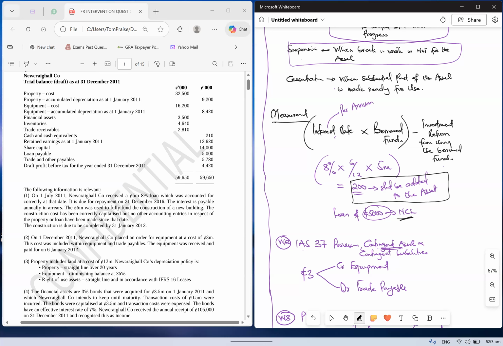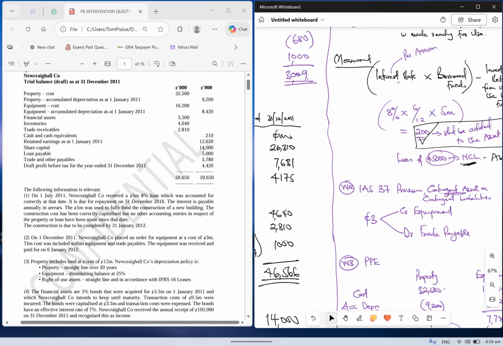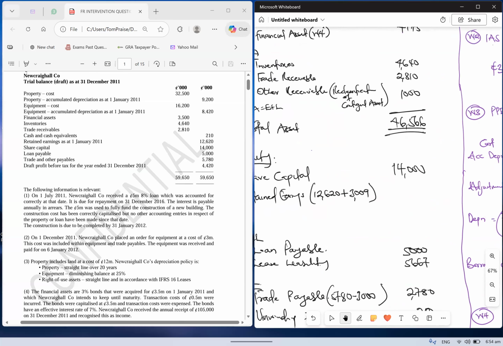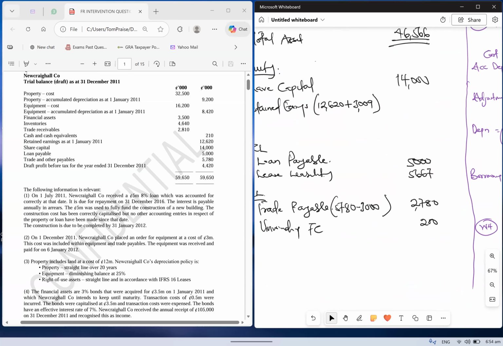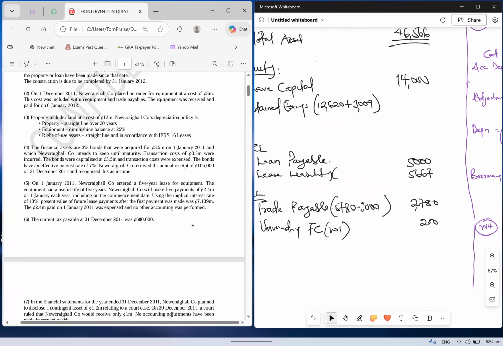This one goes to NCL, which you saw is there already. The unwinding finance cost goes to the asset and also the CL. All right. So that would be 200, which we've done. So we just have to put the workings number. This one, lease, was what workings? 5.